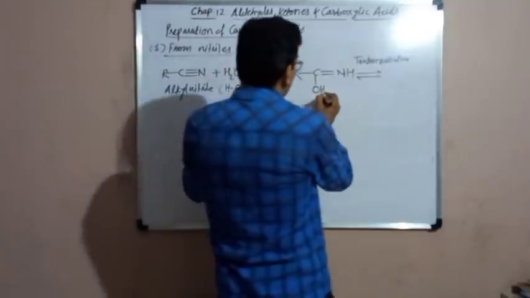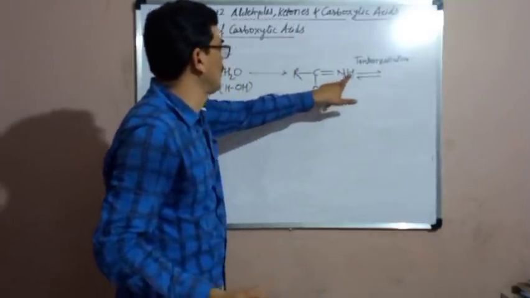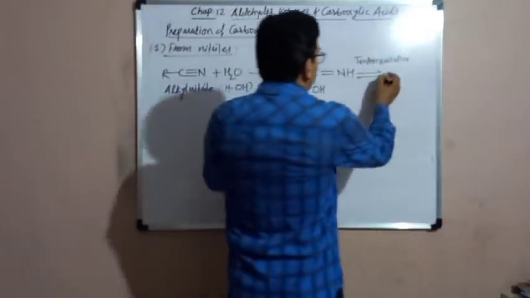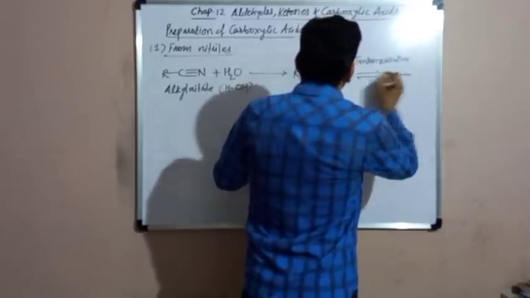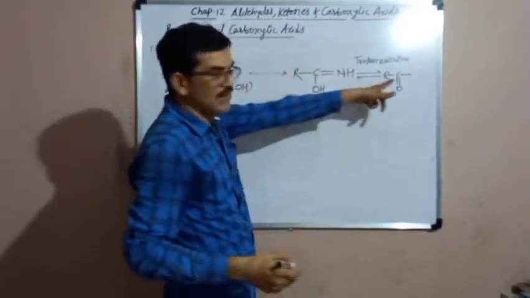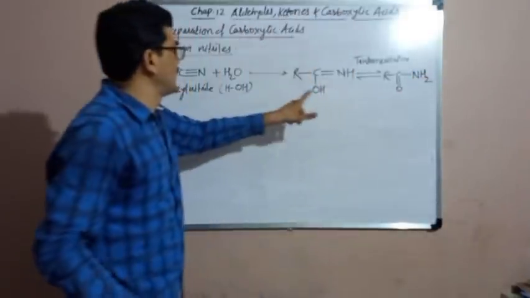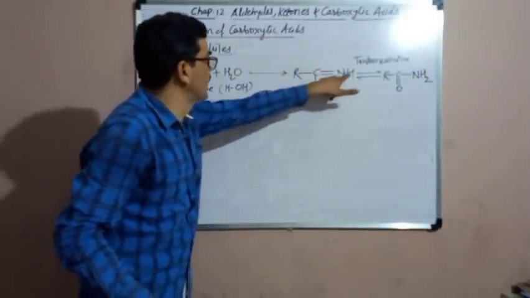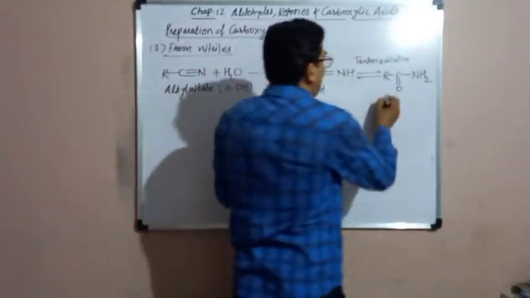There is a change in the position. Hydrogen atom gets migrated from this OH to NH2. So what happens here? R, C double bond O, carbon-nitrogen double bond gets converted to single bond NH2. R, CO, NH2. R, C double bond O, NH2. This hydrogen gets migrated to here. So this is the amide.